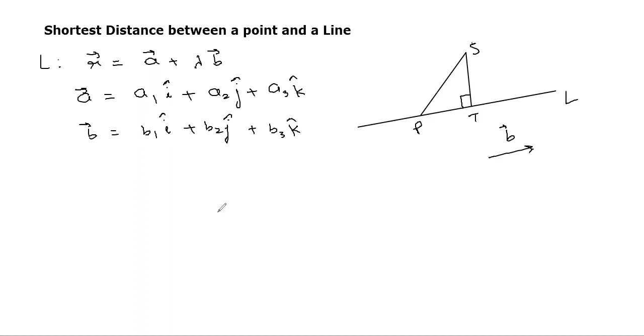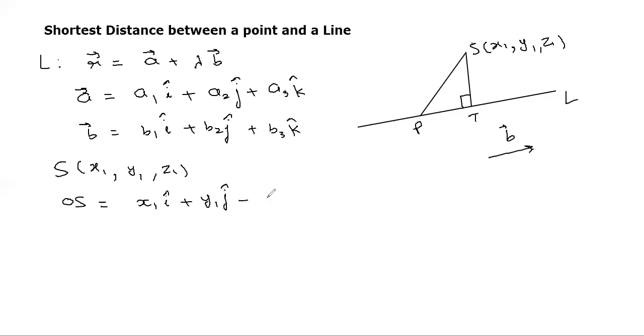Suppose the coordinates of the point S are x1, y1, z1. So the position vector OS is given by x1i plus y1j plus z1k.